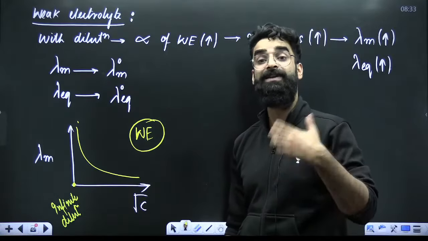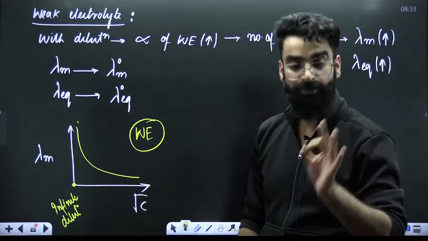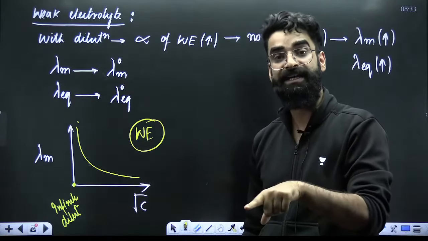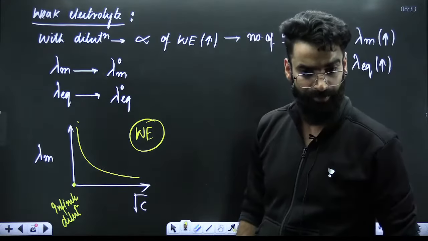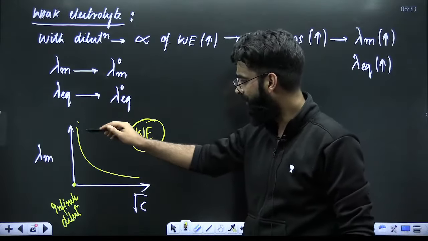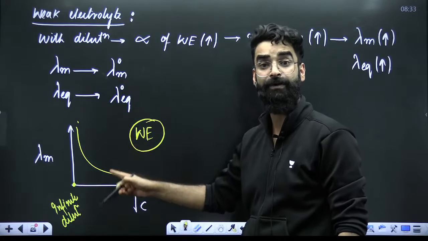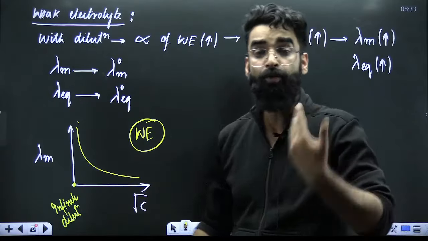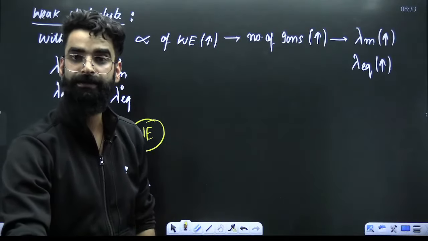But for strong electrolytes, we can do it with the help of the graph, with the help of its intercept. Now the point is how to calculate the molar conductivity and equivalent conductivity at infinite dilution for a weak electrolyte. If you are unable to get it from the graph, then how do we get the molar conductivity at infinite dilution for a weak electrolyte?